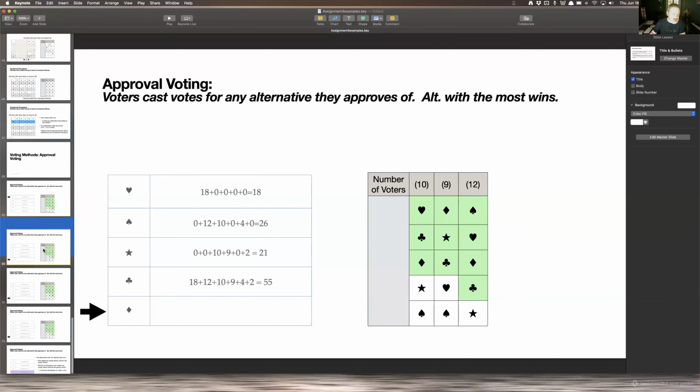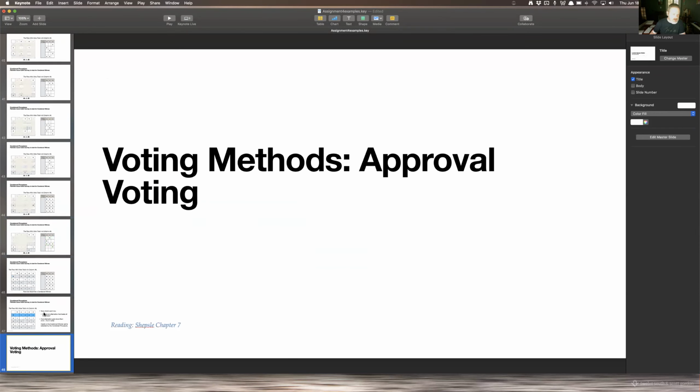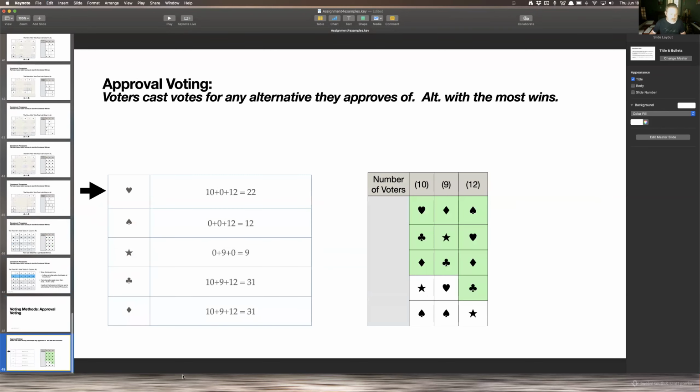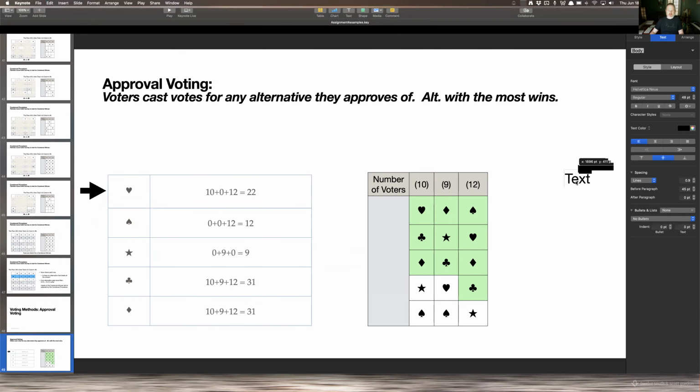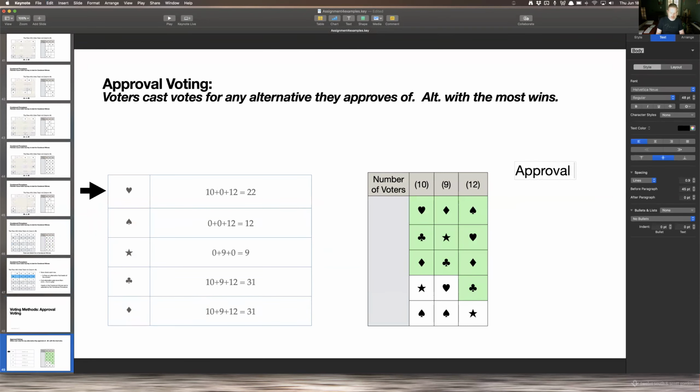Let's see, this is where I built it all in screencasts. Whoops, I deleted the last one, no, okay. So let me just put over here somewhere that approval voting returns 2 group choices.